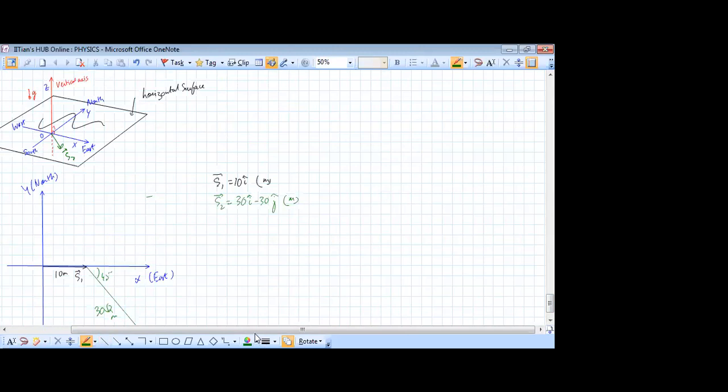S1 was along the x-axis. But where is S3 going to be? It will be vertically upwards. This is towards southeast. This is towards east.